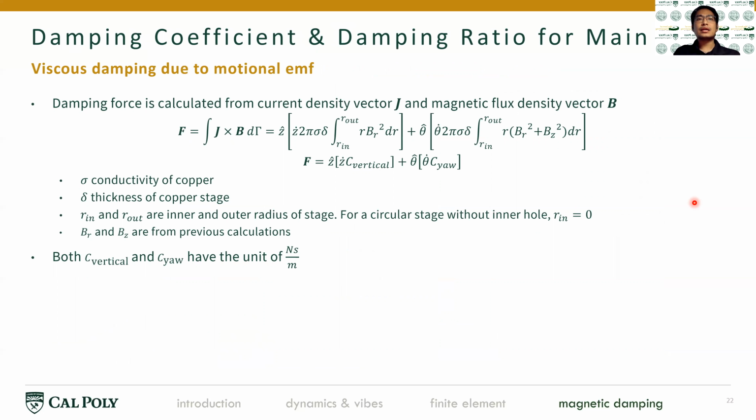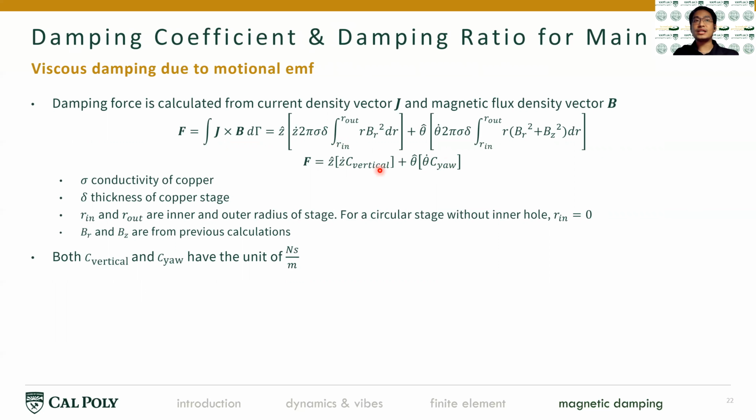So the equation for the damping force is calculated from the current density J and the magnetic flux density vector B. This comes from Faraday's law. And when we carry out the equation, we can see that the force is in fact a function of z dot, which is the vertical velocity, and theta dot, which is the rotational or yaw velocity.